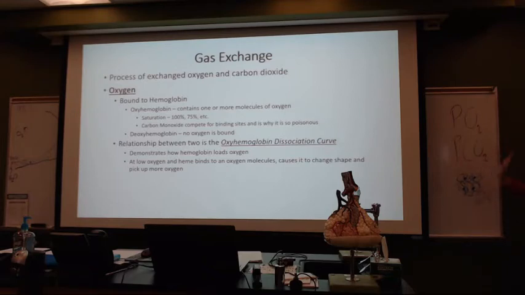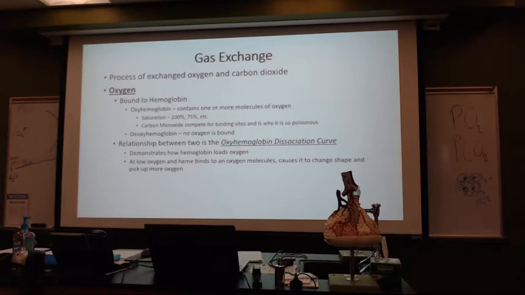If it had no more oxygens when it returned to the pulmonary circuit, how many oxygens do you think it would want to pick up in the lungs? 4. It would, because it could pick up to 4. They usually pick up, if they're completely depleted, between 3 to 4 oxygens.